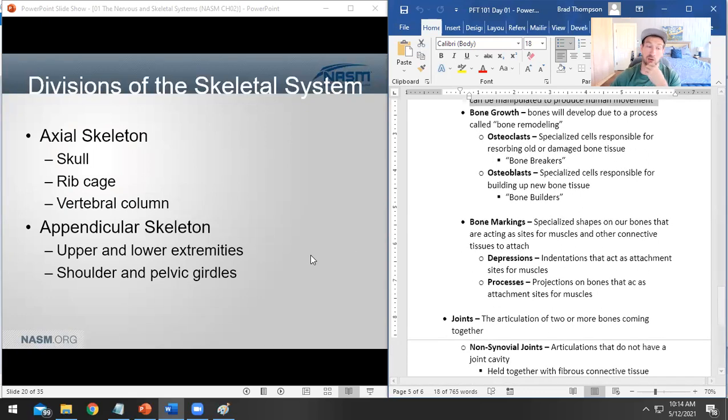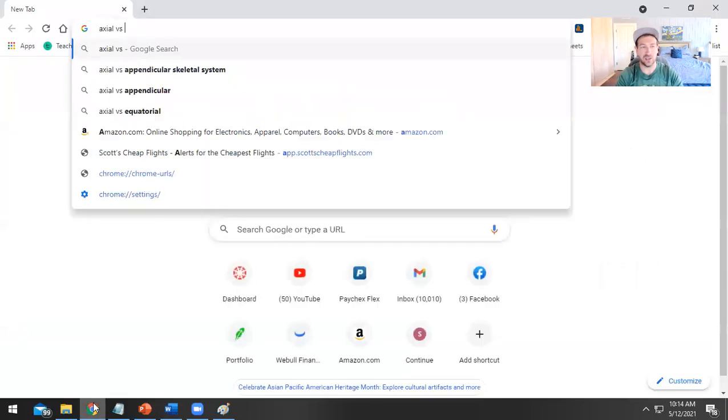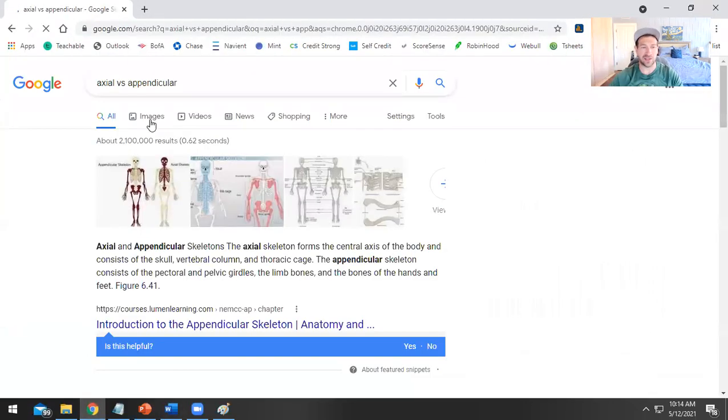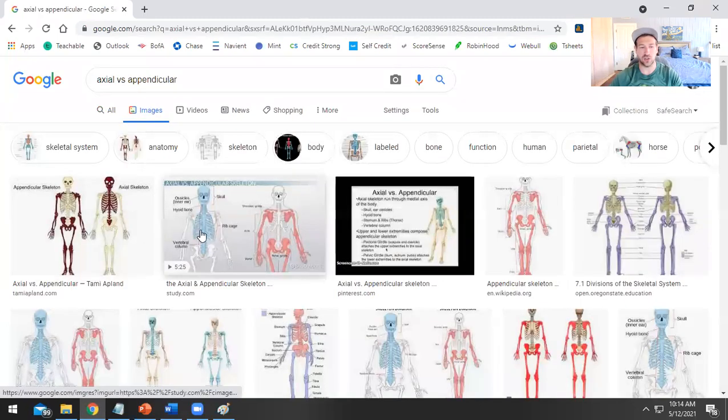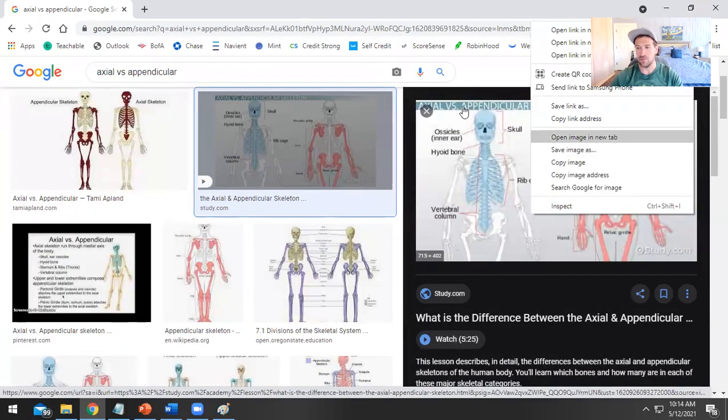Now, looking at your bones, we've got two primary divisions of the skeletal system here. You've got your axial skeleton, which is going to be your skull, your rib cage, and all of your vertebrae. And you've got your appendicular skeleton, which are going to be your arms and your legs. So if we look at axial versus appendicular skeleton, you can see here are the two primary divisions, right?